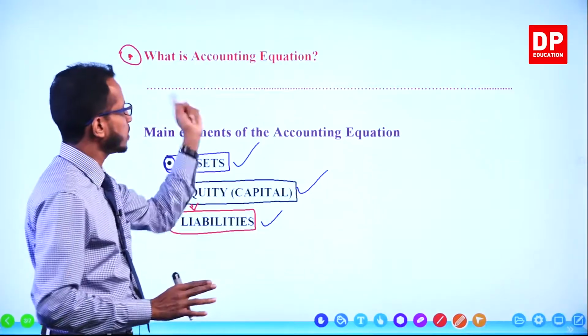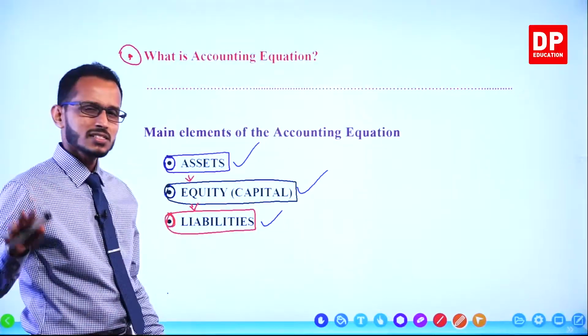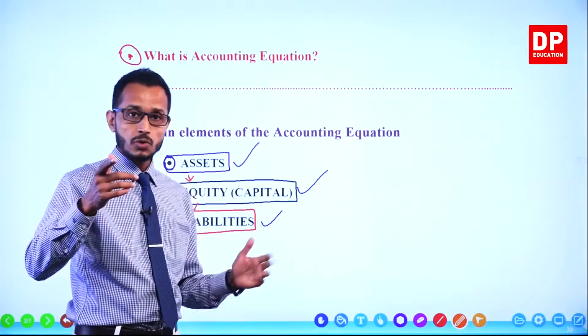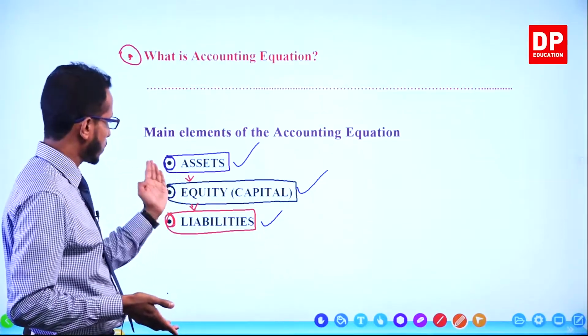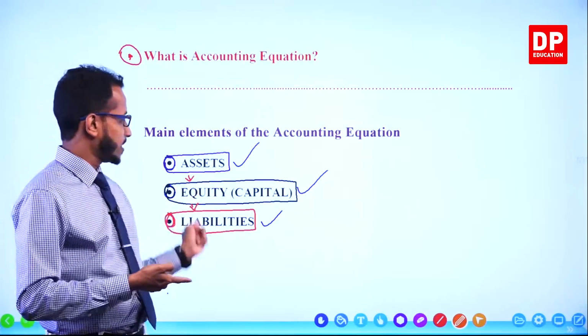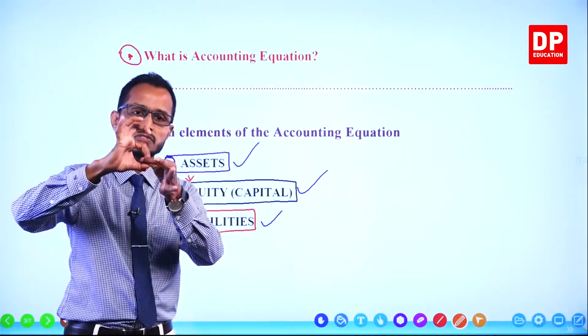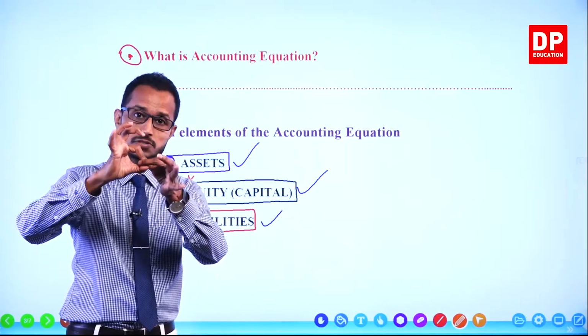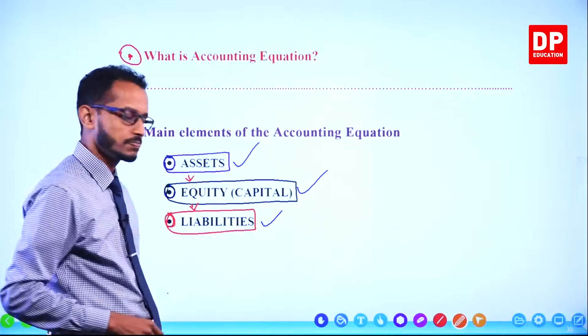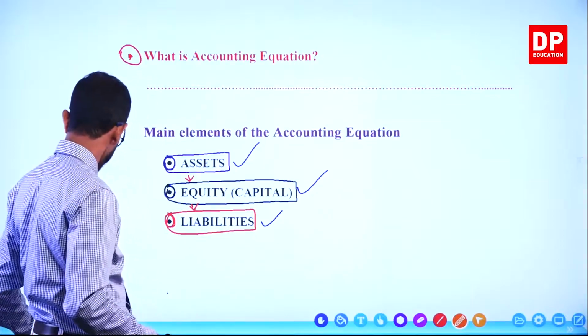Then I'll give you a definition. It's a simple definition. You already know that these three are shown by the accounting equation, the interconnection between these three elements. Let's see how it happens.